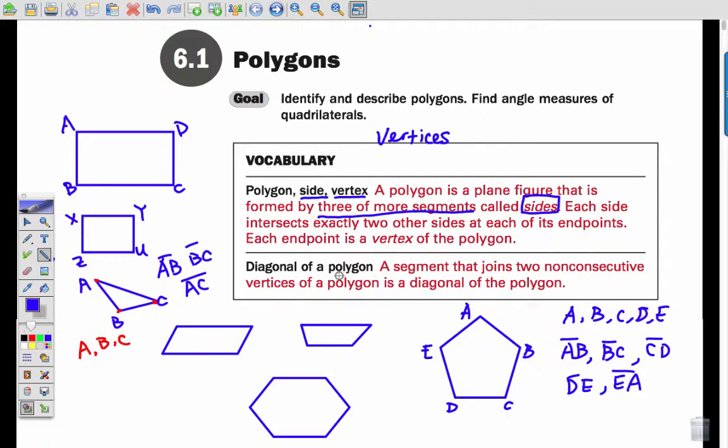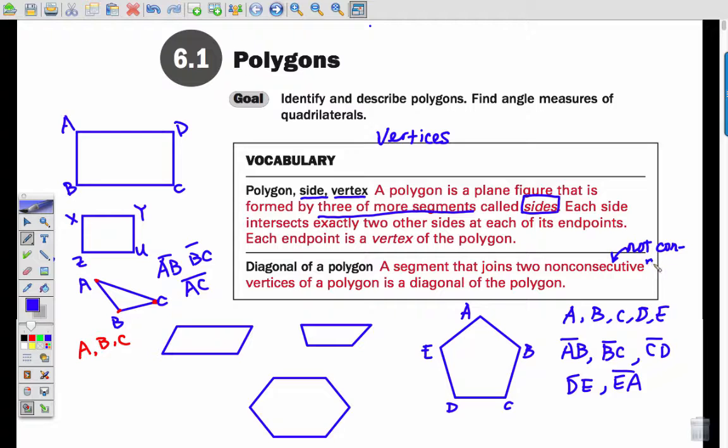Now let's look at what's a diagonal of a polygon. A diagonal is also a segment, but that segment joins two non-consecutive vertices. Consecutive means connected, non-consecutive means not connected.